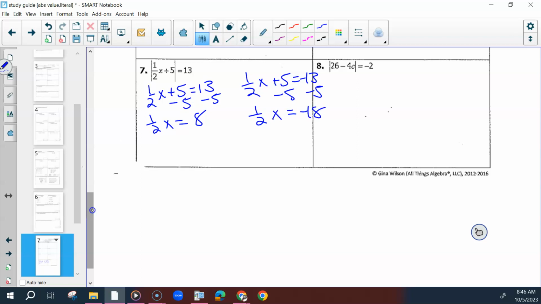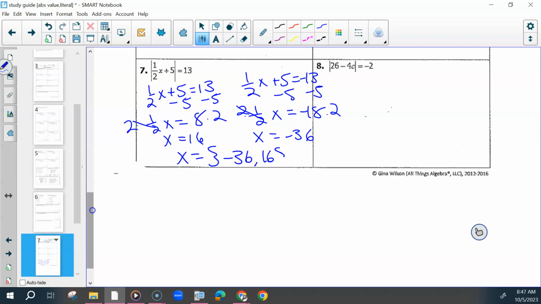And then once you get here, you can either divide everything by 1/2 or flip this and multiply everything by 2. So that our solutions would be negative 36 and 6.